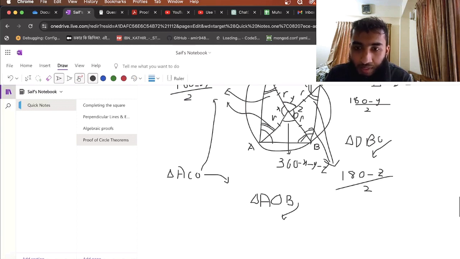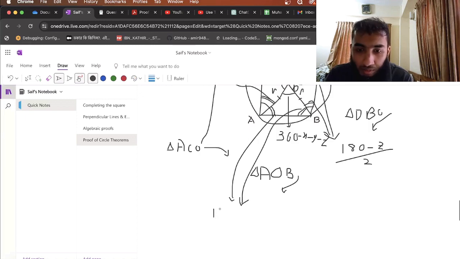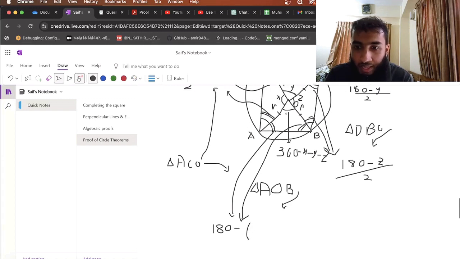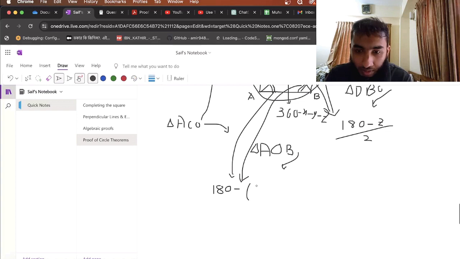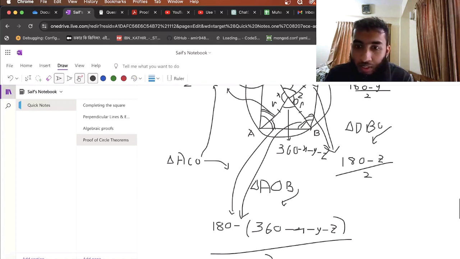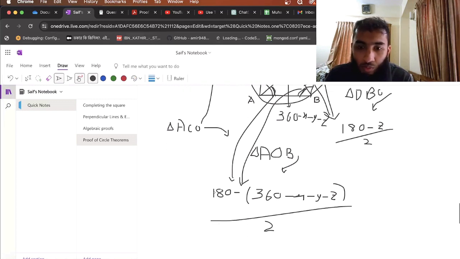If this angle is 360 minus x minus y minus z, these two angles, because they are equal, will be 180 minus 360 minus x minus y minus z, by 2.